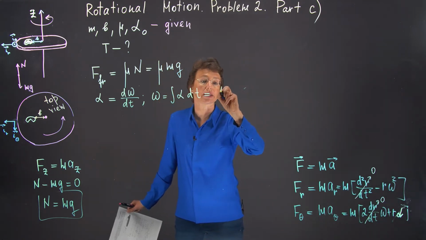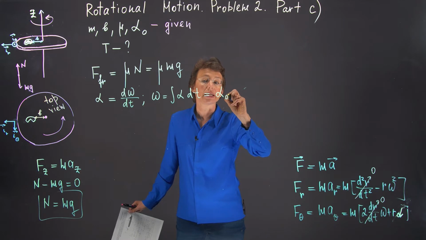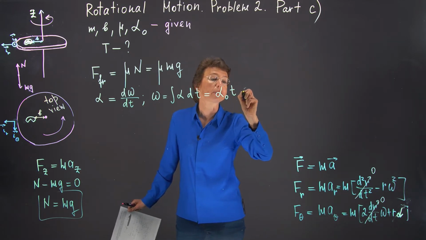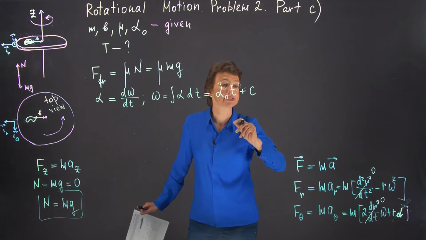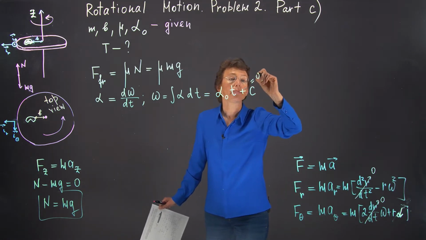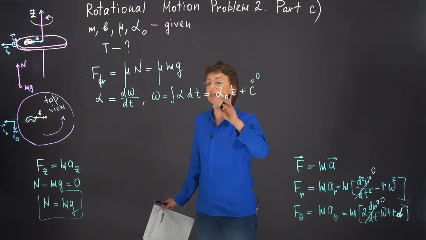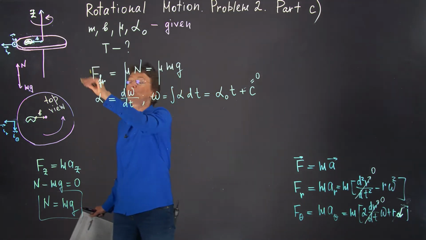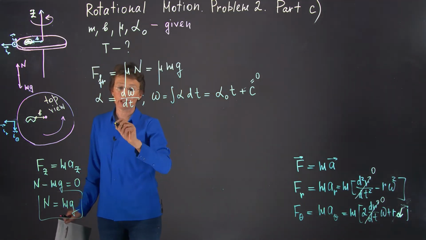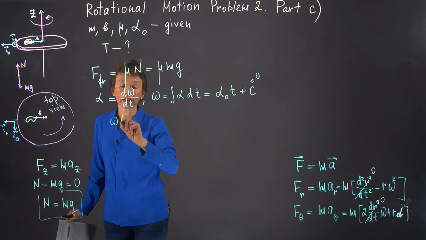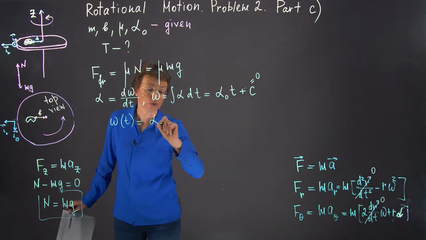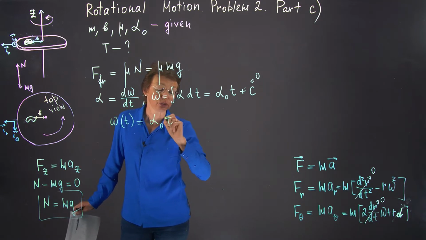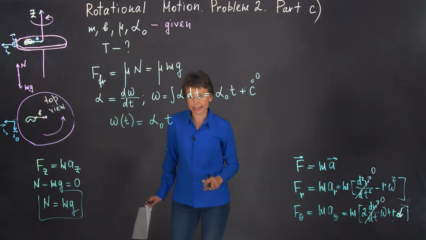It is just alpha naught times time plus constant c. But this constant is 0 because at time moment 0, the platform was at rest. They gave it to us, this information. So what is omega? It is not constant anymore. It is a function of time, alpha naught times t.